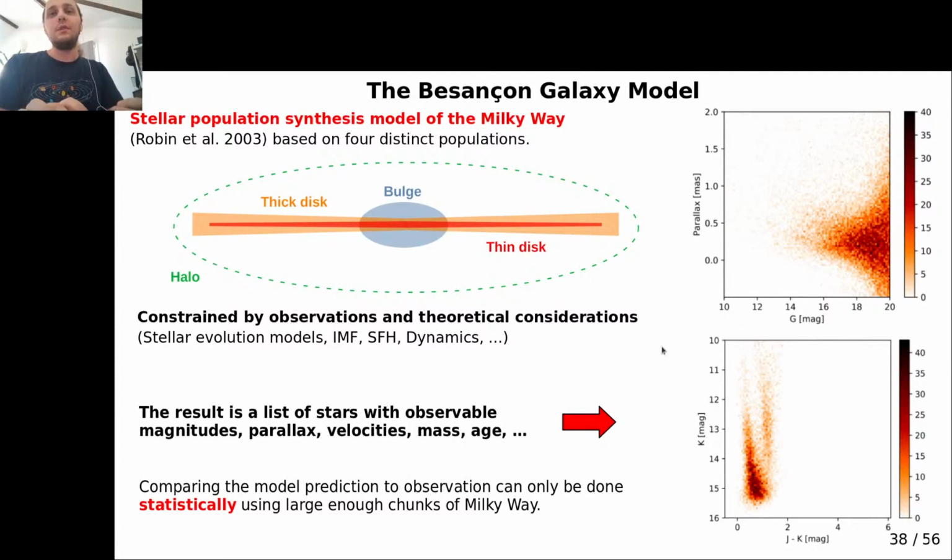One of the representations we can use to do so are color magnitude diagrams again, or if you want, for example, to compare to Gaia observations, you can construct G magnitude parallax diagrams. Those are just 2D histograms of the stars that are either observed or predicted by the Besançon galaxy model.